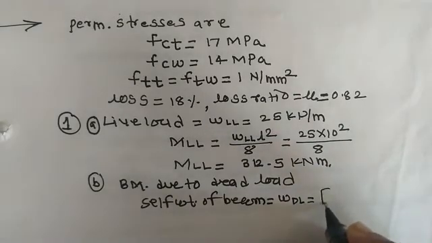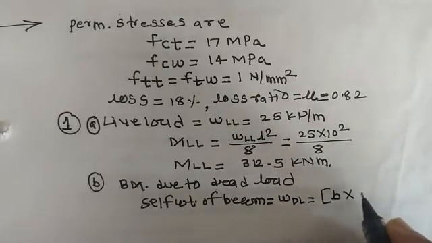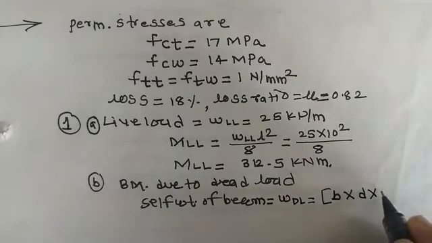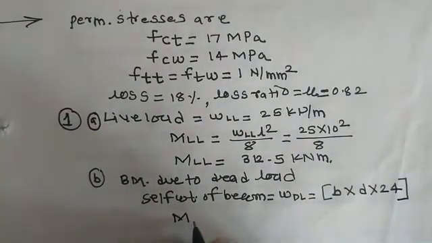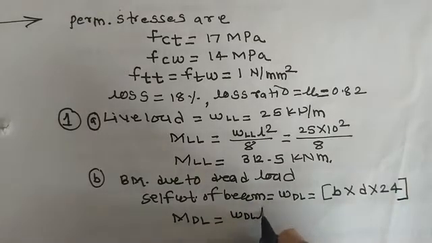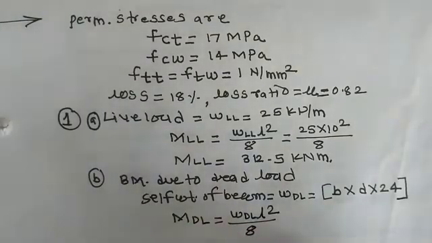Put it as width of the beam, depth of the beam and density of pre-stressed concrete. Assume that it is 24 kilonewton per meter cube. So bending moment due to dead load is dead load L square by 8, assuming that the beam is simply supported.